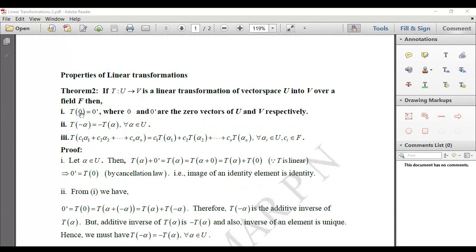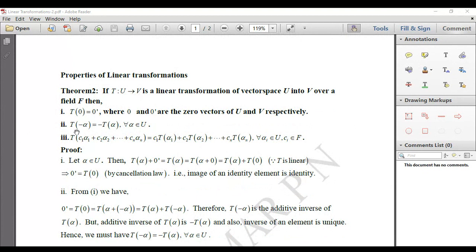Therefore, additive identity exists. And they are saying that the image of the 0 element of U is the 0 element of V only. So the image of the 0 element, that is the additive identity of U, is the 0 element of V, that is the additive identity of V.